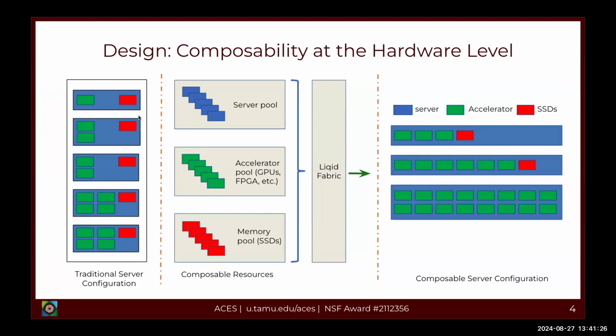In traditional servers, you would have maybe one accelerator and one SSD, or two accelerators and one SSD. So those were fixed. But now we have pools of servers, pools of accelerators, and memory pools. From these pools, you can compose server configurations to your needs.